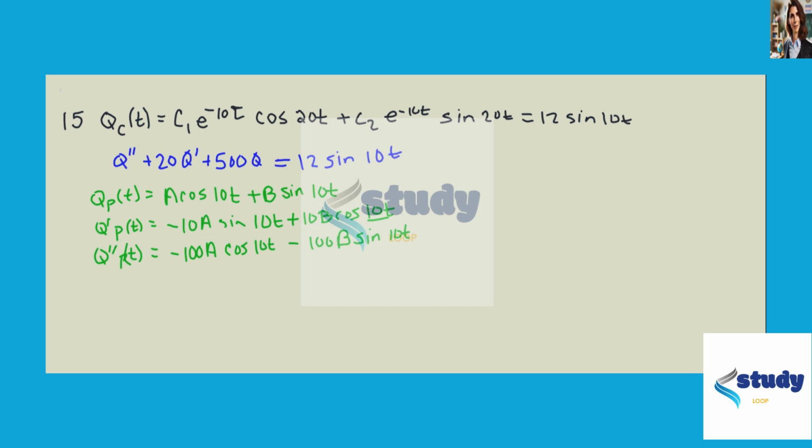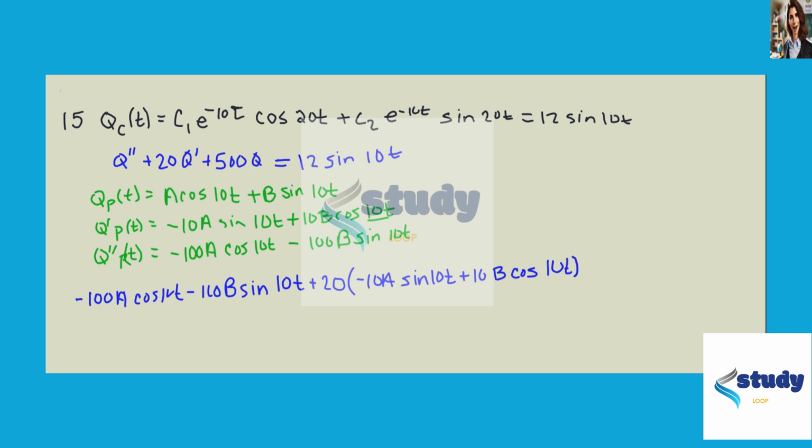Plugging into my purple equation, wherever I say Q double prime, I'm going to put in negative 100A cosine 10t minus 100B sine 10t, plus 20 times Q prime, which is negative 10A sine 10t plus 10B cosine of 10t.